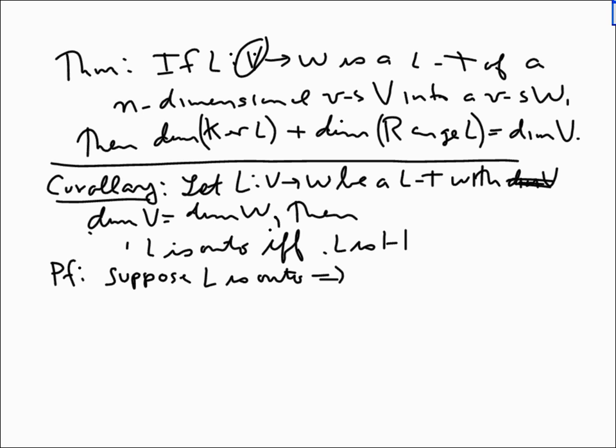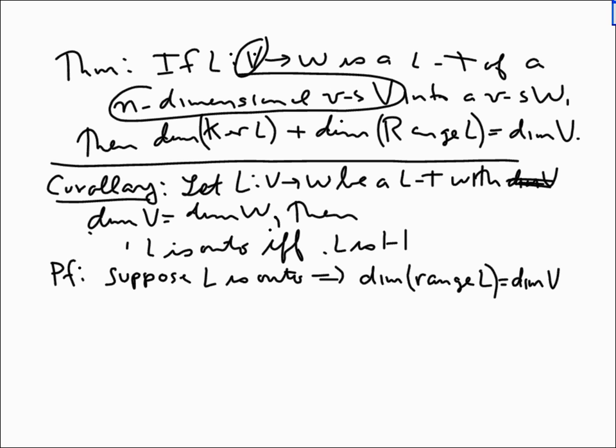That means the dimension of the range of L is equal to the dimension of V. But the dimension of V is n. It says n-dimensional vector space V, which is equal to n.